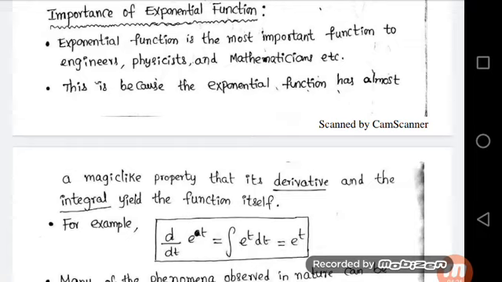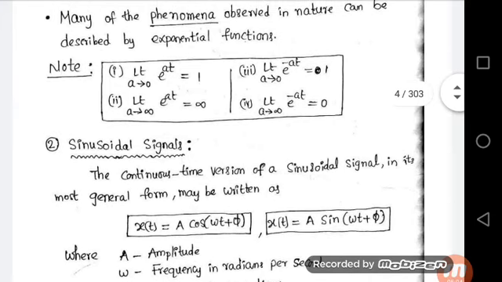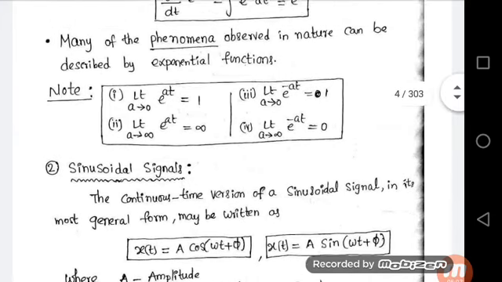For example, d by dt of e power t is equal to the integration of e power t dt, which is e power t. This is the formula that will be used in further problems.